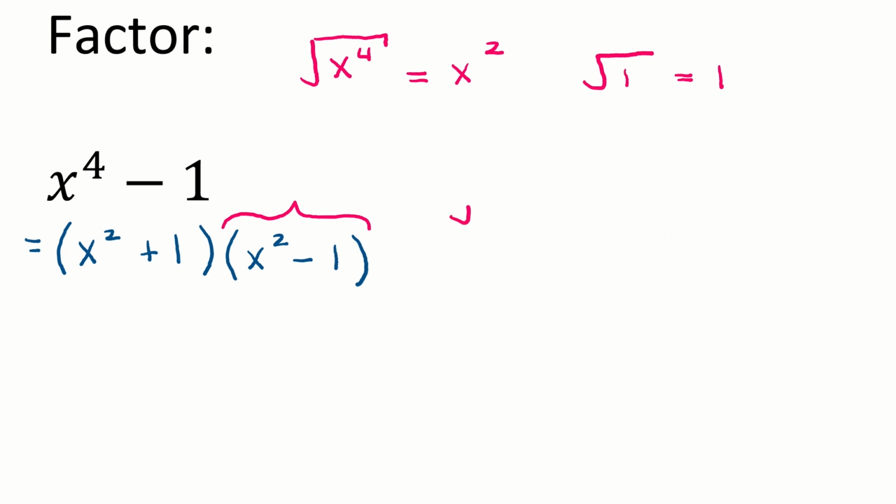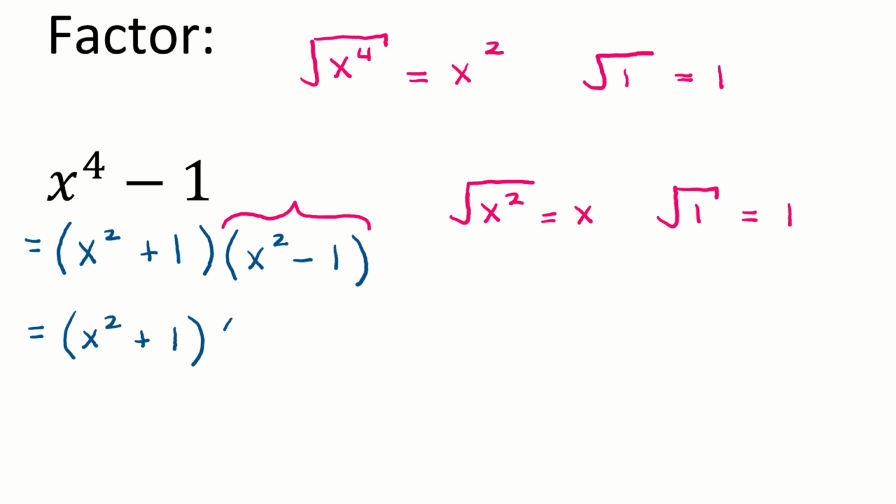So now we're going to take the square root of x squared, which is going to give us x, and the square root of 1, which is going to give us 1. So in our next line, the x squared plus 1 stays exactly the same. We can't factor that further, but the x squared minus 1 will change into (x + 1)(x - 1). And now that is fully factored.